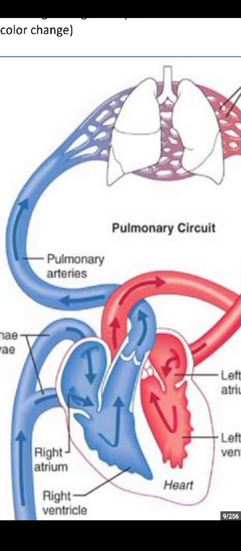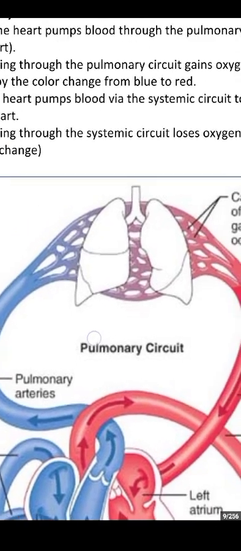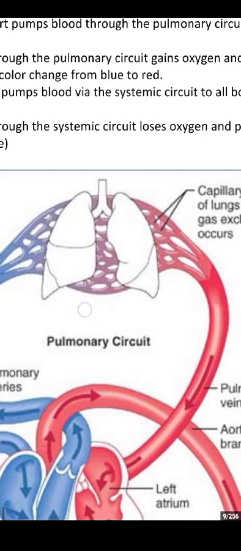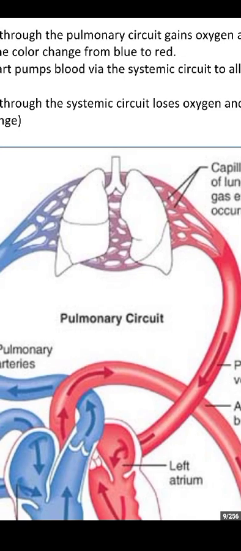So the blood enters the pulmonary artery, and from the pulmonary artery it goes to the capillaries of the lungs. Inside the lungs, there is diffusion and absorption of oxygen and carbon dioxide.